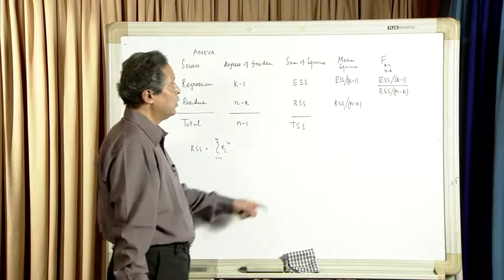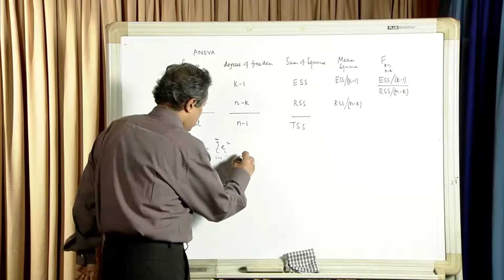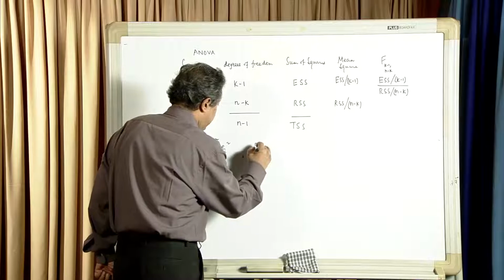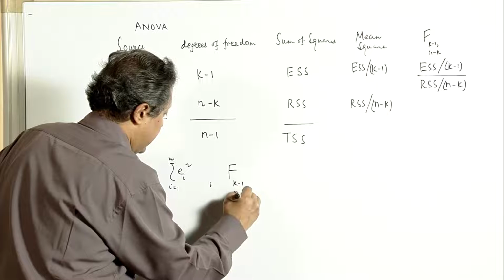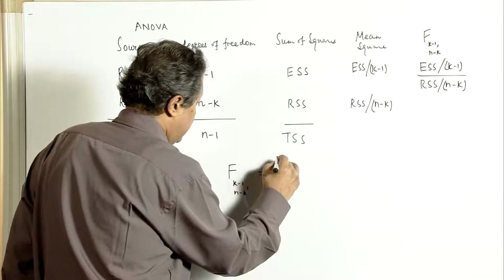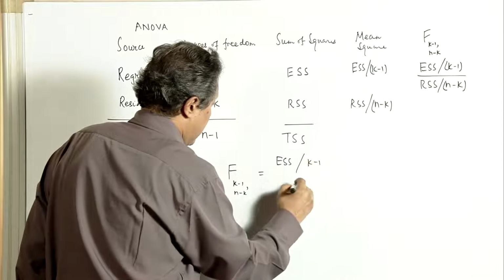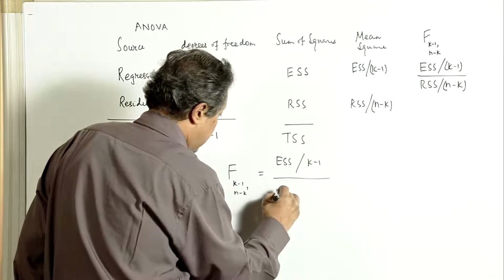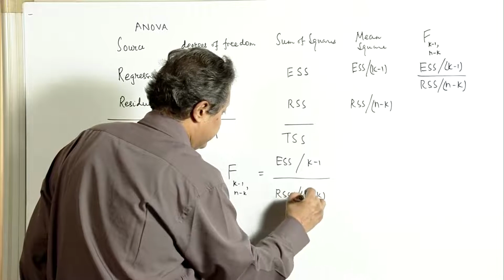It is interesting to look at the F statistic in greater detail. So, we write F with k minus 1 and n minus k degrees of freedom is equal to ESS by k minus 1 divided by RSS by n minus k.